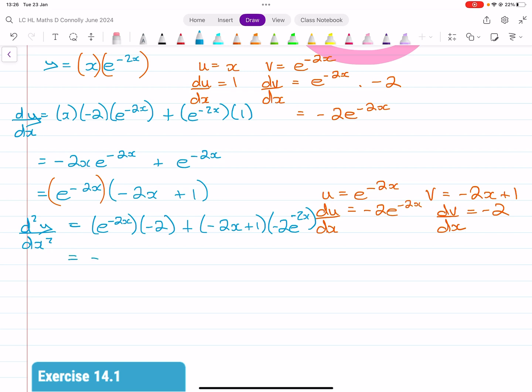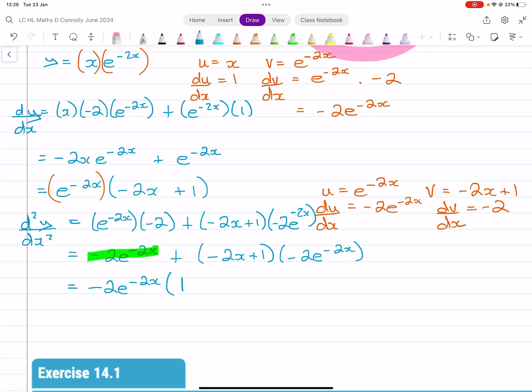So this is minus 2e to the minus 2x, and this is, actually I might leave that, minus 2x plus 1 times minus 2e to the minus 2x, and then take out the minus 2e to the minus 2x. So here I'm left with a 1, and then here I'm left with just this bit. So it's minus 2x plus 1.